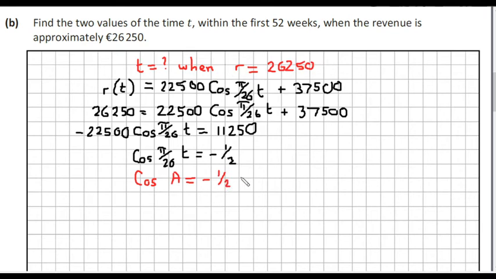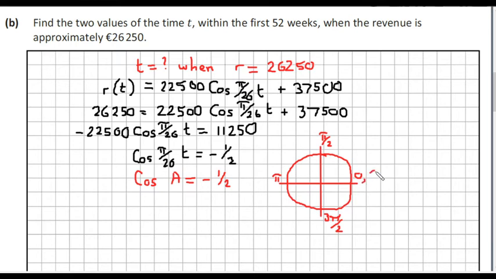Now, talking about the unit circle. So if you have your unit circle and you just divide it into quadrants here. So this is like 0. I'm going to use radians here. So that'd be 90 degrees or pi over 2 radians. Then pi radians, 3 pi over 2 radians, and so on.